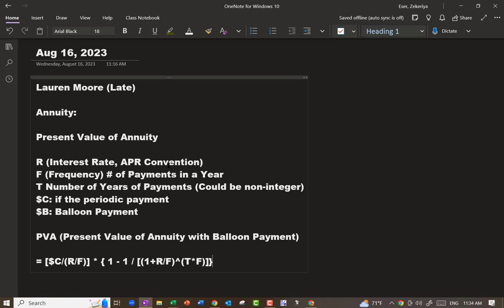Trust me, there is even uglier stuff. When we're doing present values of growing annuities, it gets even uglier.